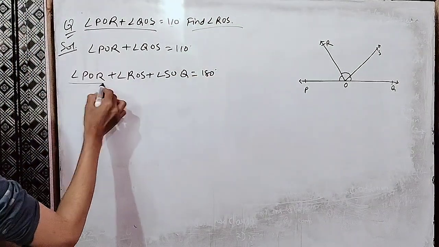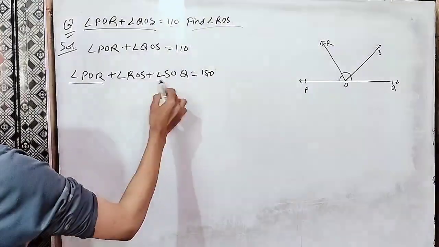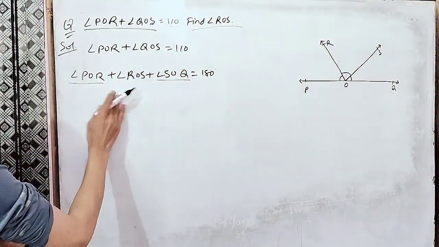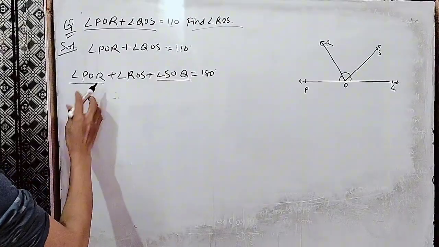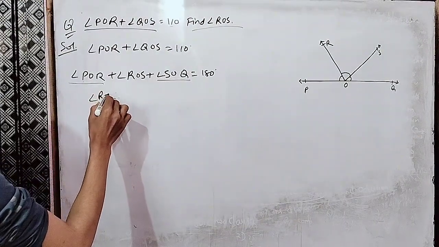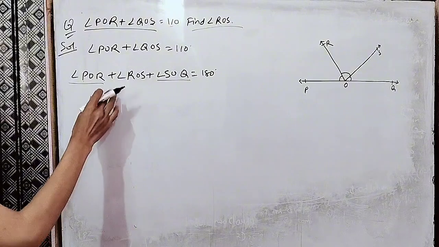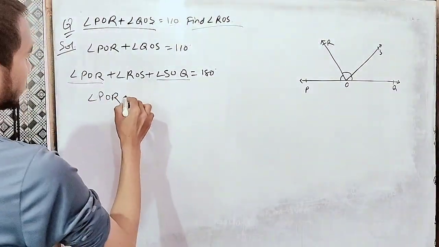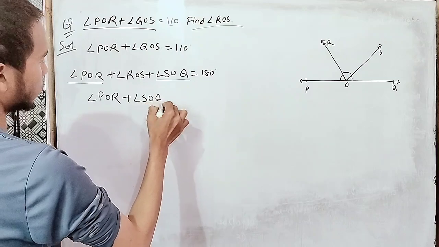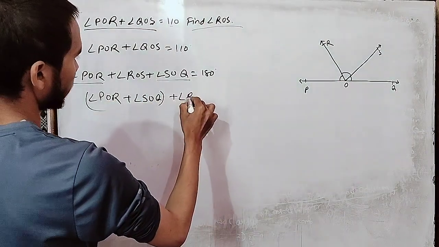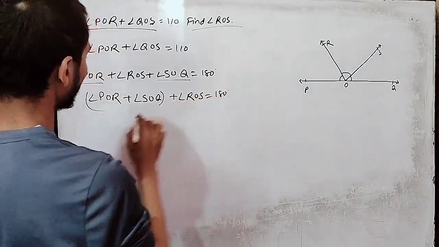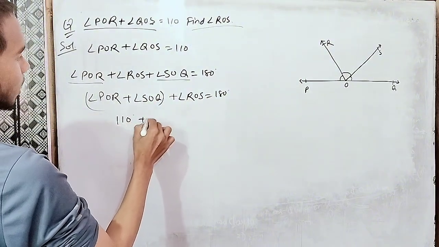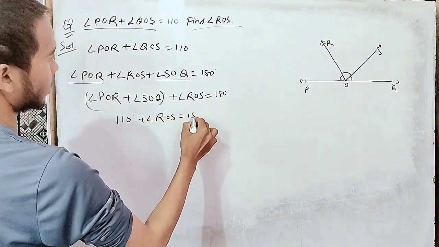The sum of these two angles is 110. So angle POR, angle SOQ, angle ROS is 180.